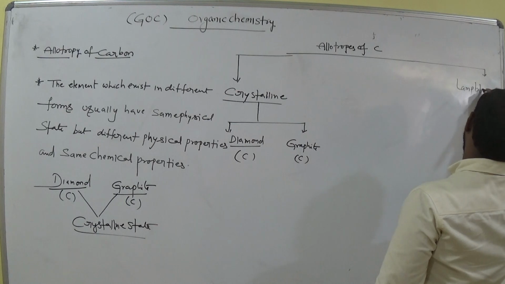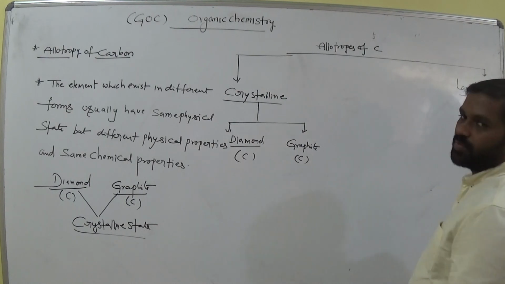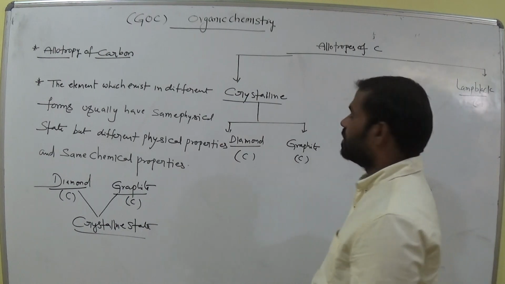Okay, and lamp black, it also consists of carbon. It is one of the allotropic forms.